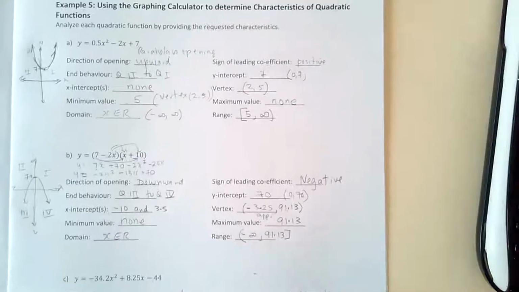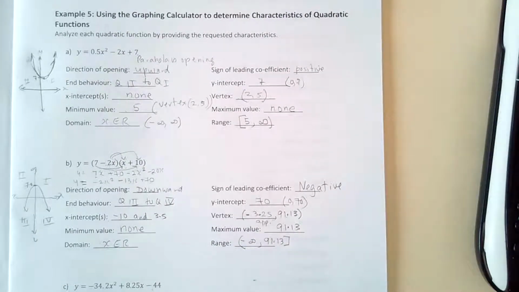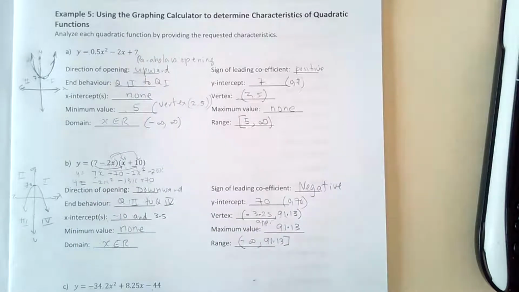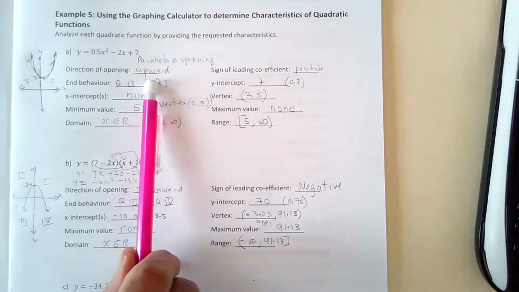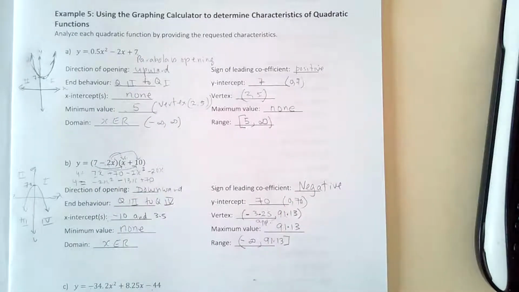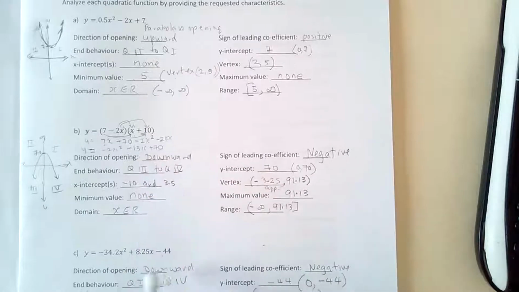So today's lesson, our goal was to use the graphing calculator or Desmos to determine the characteristics of the quadratic function. If the graph is going up, we know the leading coefficient is positive. If the graph is going down, the leading coefficient is negative.